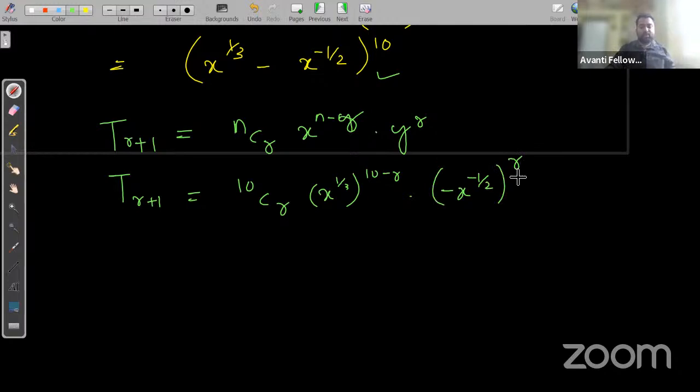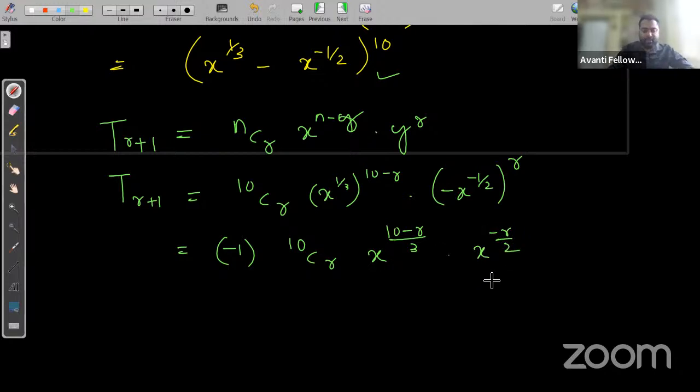Yes. So minus 1 can be taken as common here. We are taking minus 1 here. Minus 1 into 10 Cr. So here we are getting x to the power 10 minus r by 3 into x to the power minus r by 2 we are getting.